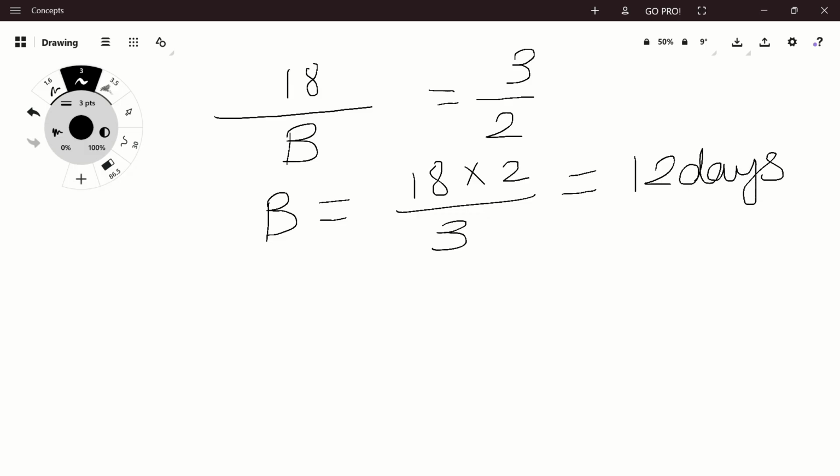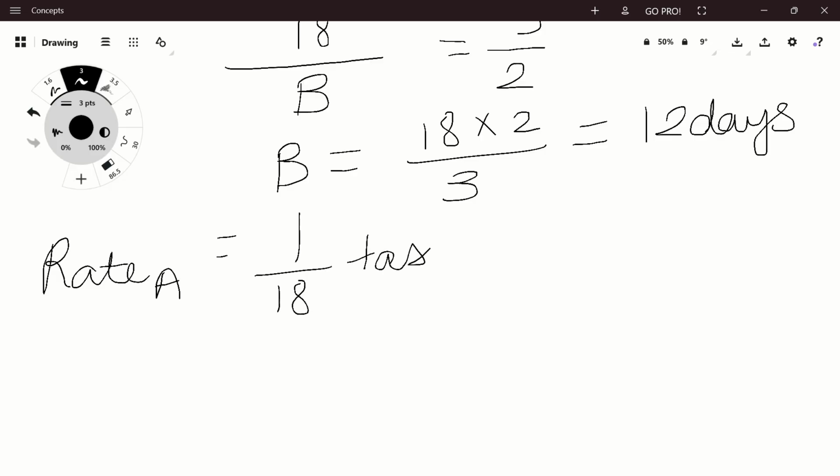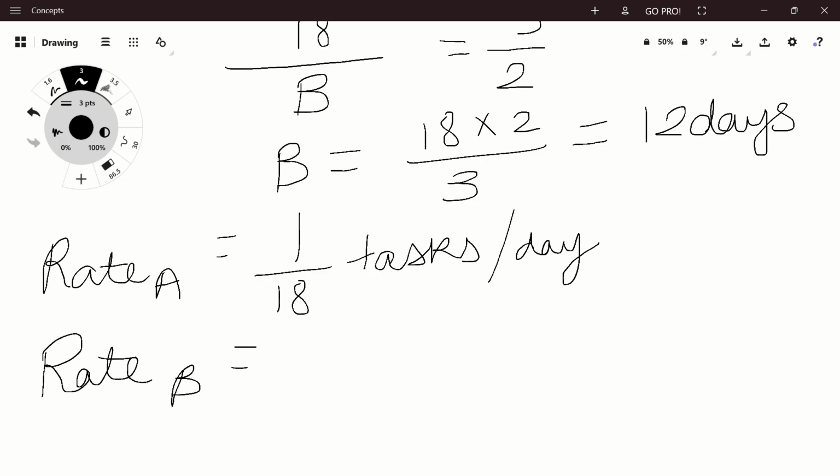days. Now, the work rate is the reciprocal of the time taken. So, A's daily work rate will be 1 upon 18 tasks per day. And B's daily work rate will be 1 upon 12 tasks per day.